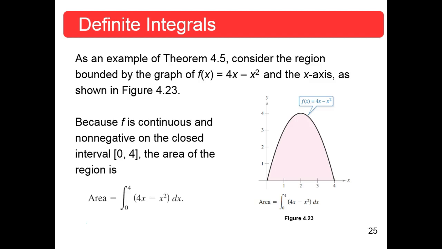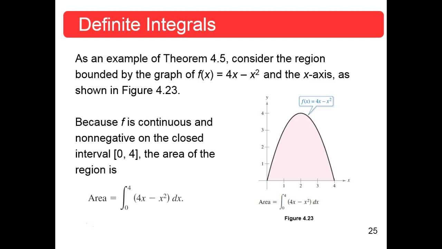Okay? And you want to do so f is continuous, f is non-negative on the interval 0 to 4, and the area would be that thing. And I'm sure they want us to go through and do a summation of it. And I'm sick and tired of doing the summations. I want to get straight to the integrals.